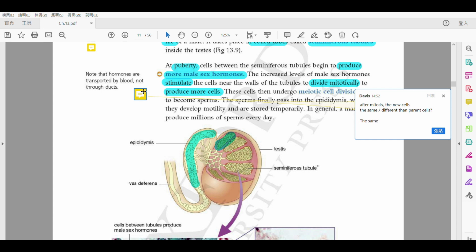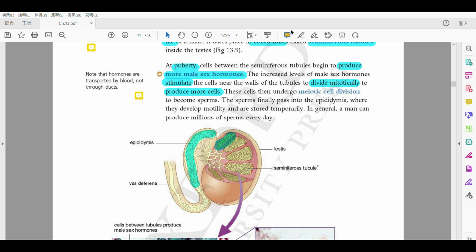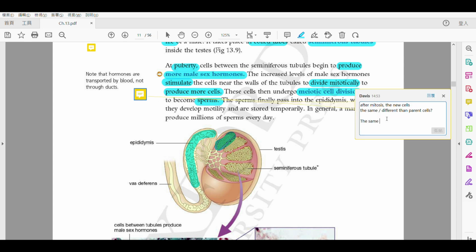So think of it this way, it is very simple. First, it produces more sex hormone, which makes it divide mitotically, so there are more cells. The new cells will then undergo meiosis to become sperm.